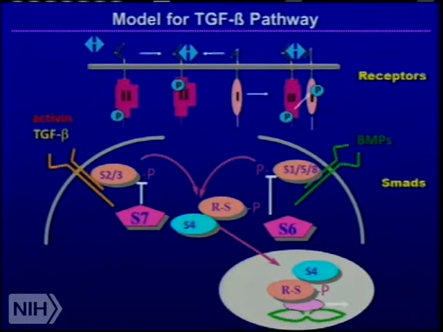And once the signal is transduced here, the receptor SMADs are able to then interact with the common SMAD4, and common SMAD4 has the ability to translocate the signal to the nucleus, where various transcriptional events that TGF-beta plays a role in can take place. Now, the whole process can be circumvented by the inhibitory SMADs, SMAD7 or SMAD6.